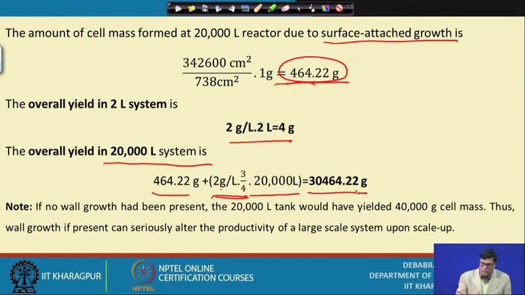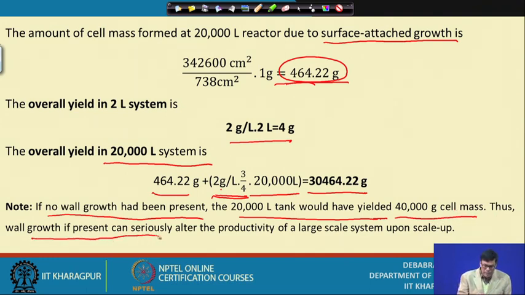So total gram of cell mass you can get is about 30464.22 gram. So if no cell growth has been present, then in the 20,000 liter, 400 gram cell mass. Thus cell wall growth, if present, can seriously alter the productivity at large scale upon scale up.